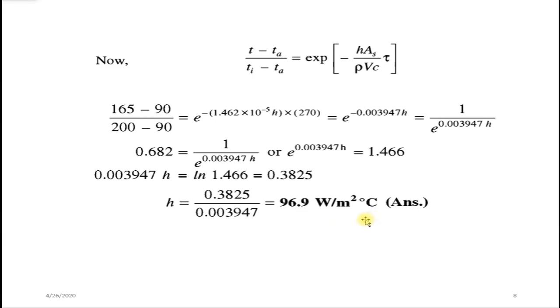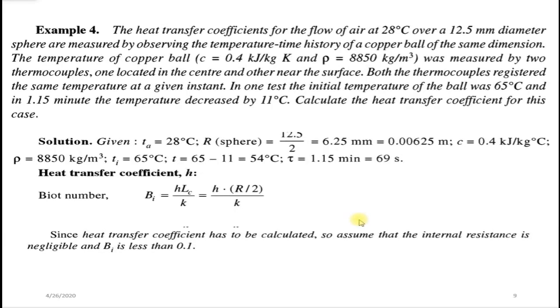Now going to the fourth problem. The heat transfer coefficients for the flow of air at 28 degree Celsius over a 12.5 mm diameter sphere are measured by observing the temperature time history of a copper ball of the same dimension.